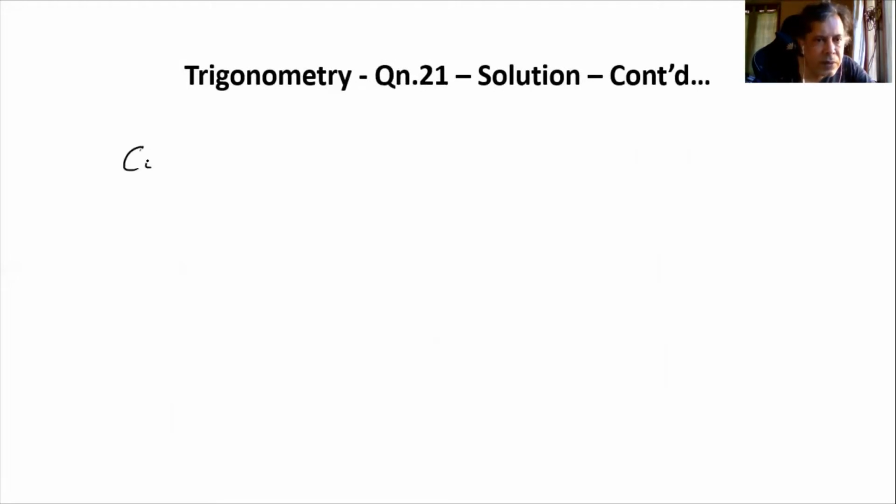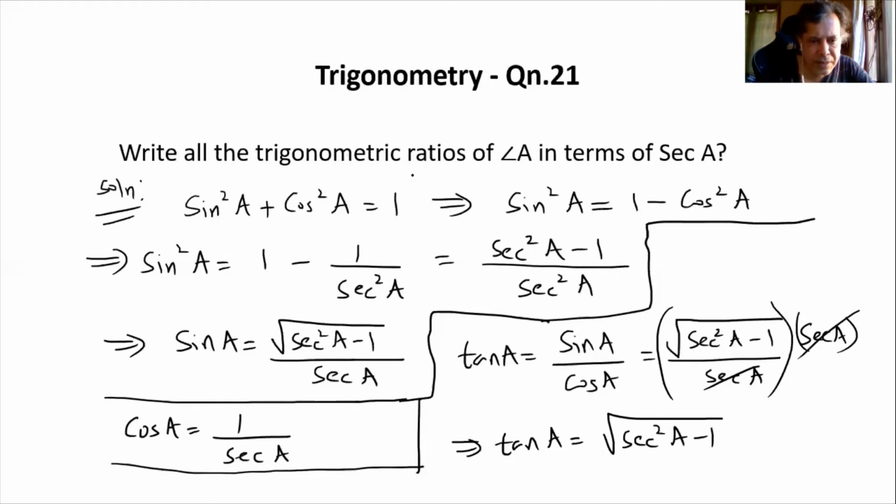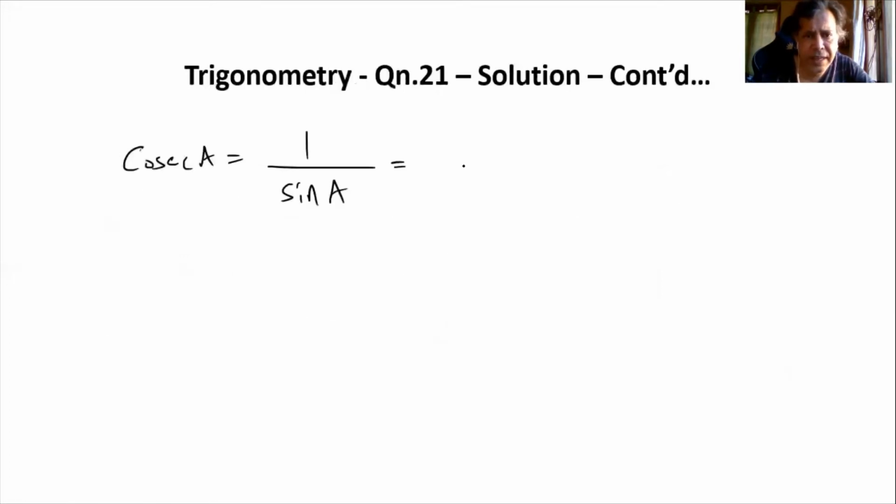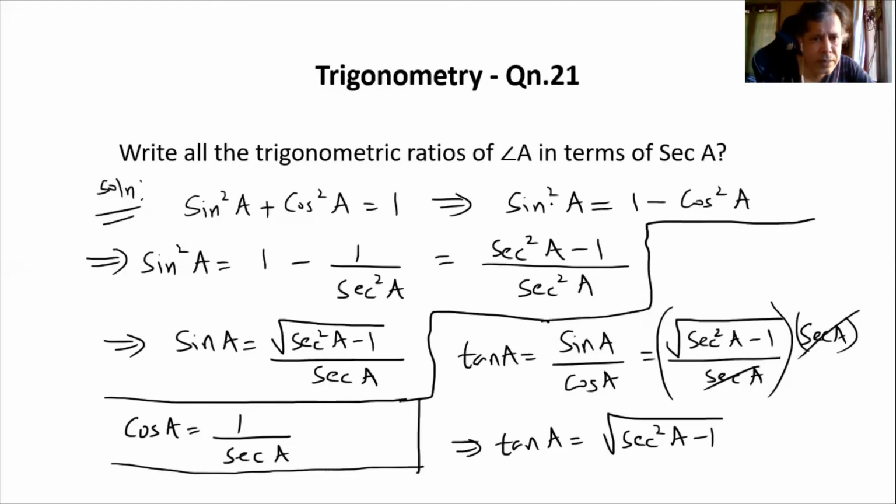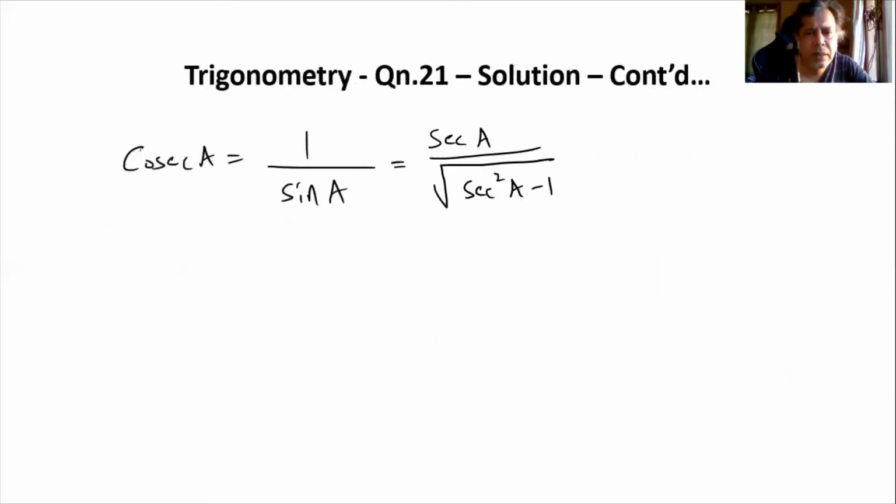Cosecant of A will be 1 by sin A. Already we computed sin A, which is the square root of secant square A minus 1 by secant A. Now we have to write the inverse. That means it is secant A divided by square root of secant square A minus 1. Is it? Yes. That is 1.